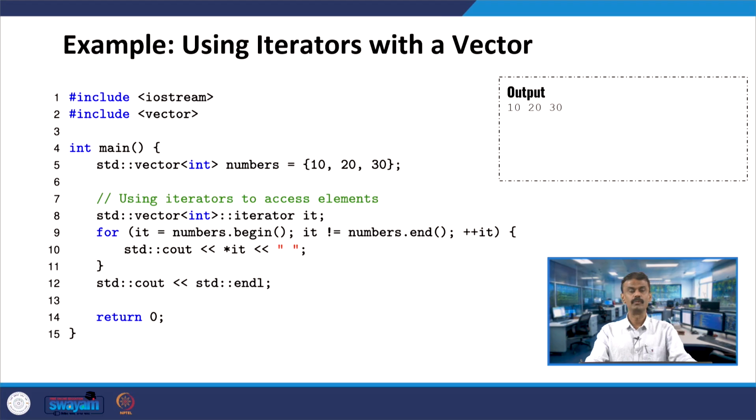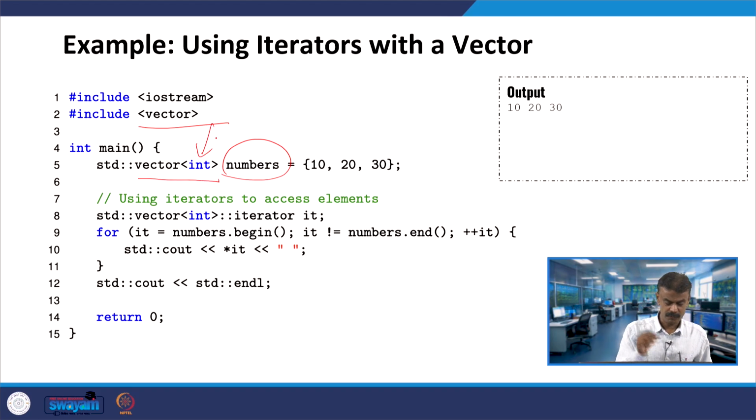Now we will take this example of using iterators with a vector. Let us include vector, as we have done previously. In the main program I have the object numbers, whose class is a vector of integers. It contains 10, 20 and 30.